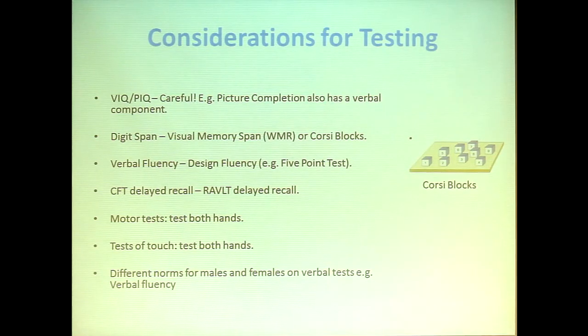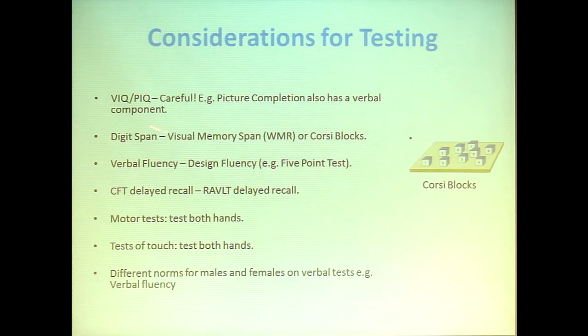There are other tests as well where one just must be careful. So if a person has a significantly higher VIQ than PIQ, it doesn't necessarily mean that there's been brain damage, or that there's something wrong with their right hemisphere or anything like that. One just needs to be careful.